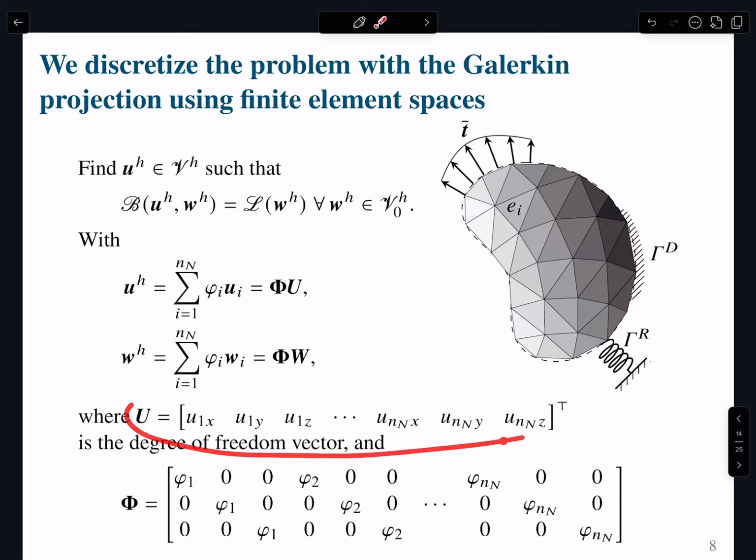And this U, if you see, is the so-called degree of freedom vector. Very well. Only in this particular case, where our shape functions fulfill these nice properties, the so-called Kronecker delta and partition of unity properties, is this also called the displacement vector.